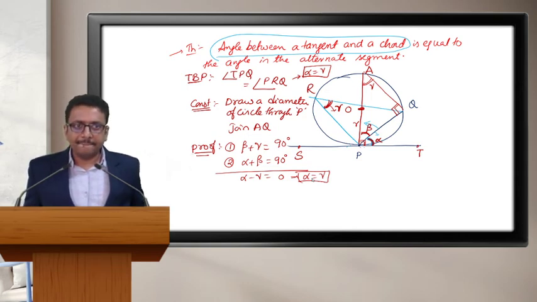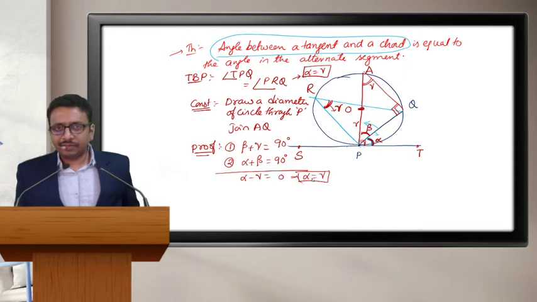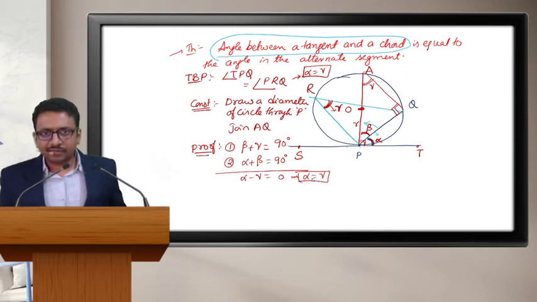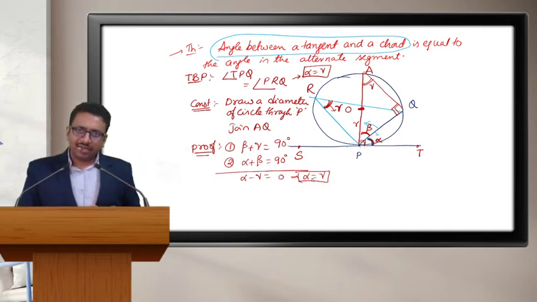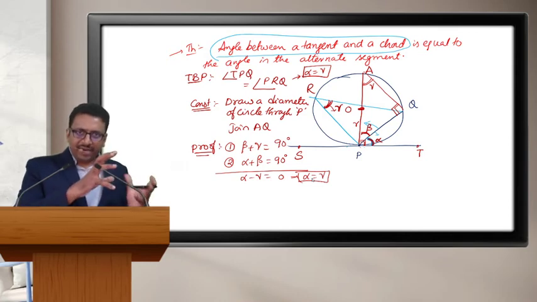Segment means the area. A chord divides a circle into two parts: one segment and the other segment.